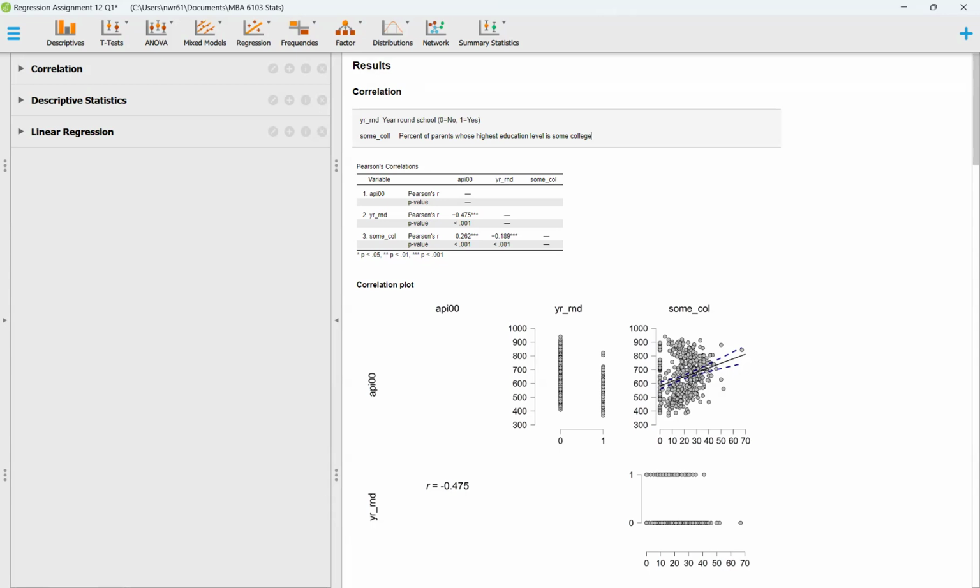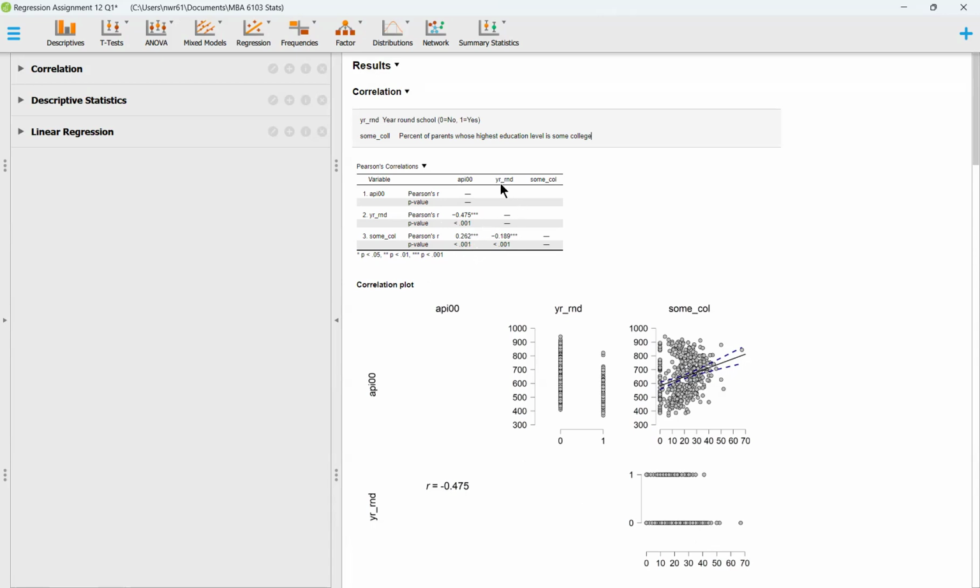Okay, Pearson's R is again the correlation coefficient. So for year round, it's negative 0.475, and then for some college it's 0.262. Both of them have a p-value of less than 0.001.